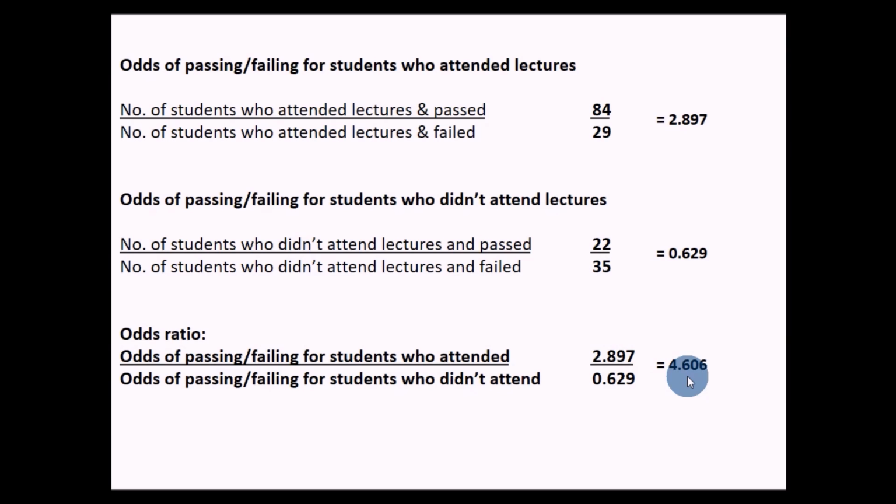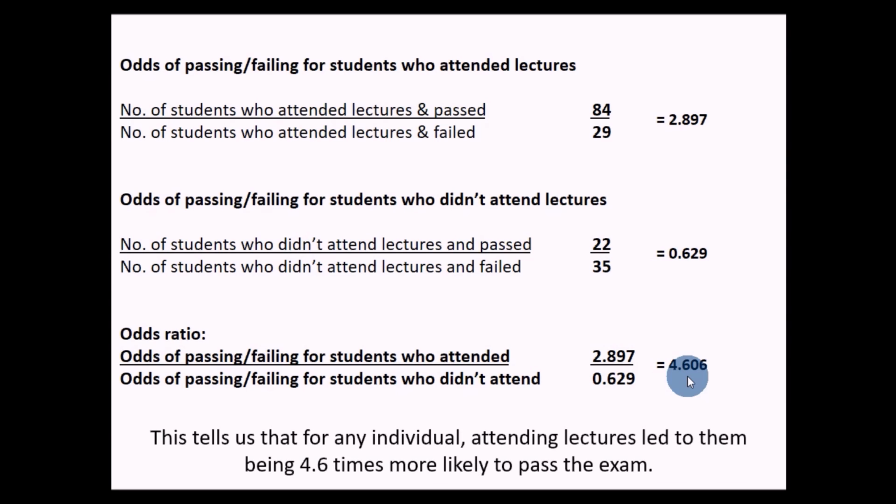And how to interpret this is that for any individual, attending lectures led to them being 4.6 times more likely to pass the exam. So you could report the Cramer's V effect size, but also report the odds ratio as well. And as I say, it just gives you a better indication of exactly how much more likely someone is to pass the exam if they attended lectures.